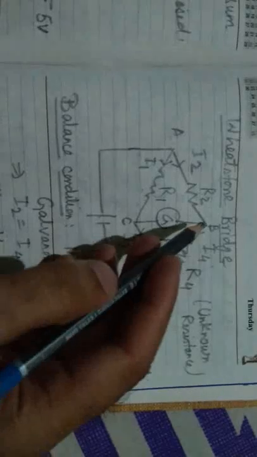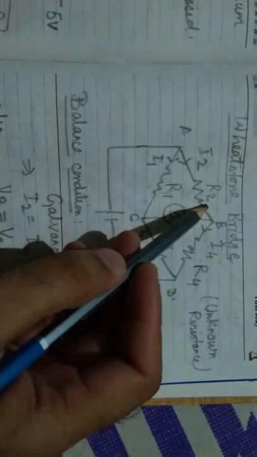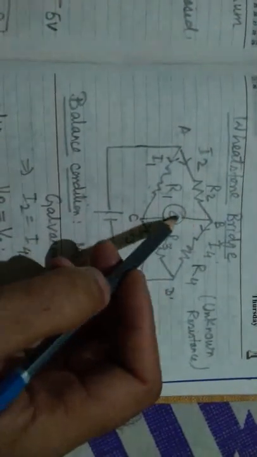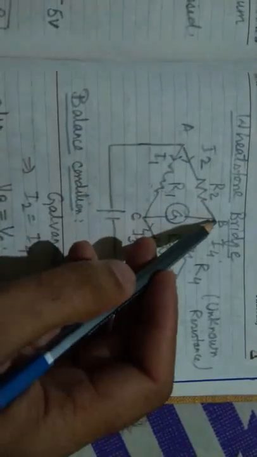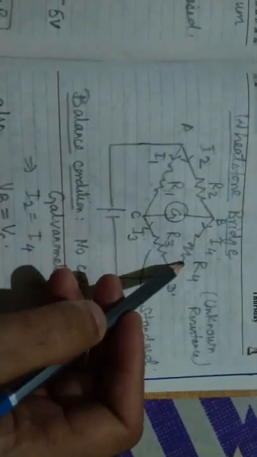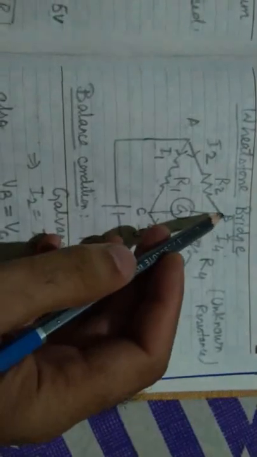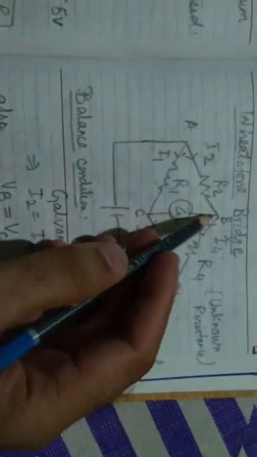If no current is flowing in this galvanometer, that means the potential difference between B and C is 0, or this I2 current is equal to I4. If no current is going in this direction, all the I2 current will go in this branch. That means I2 will be the same as I4.